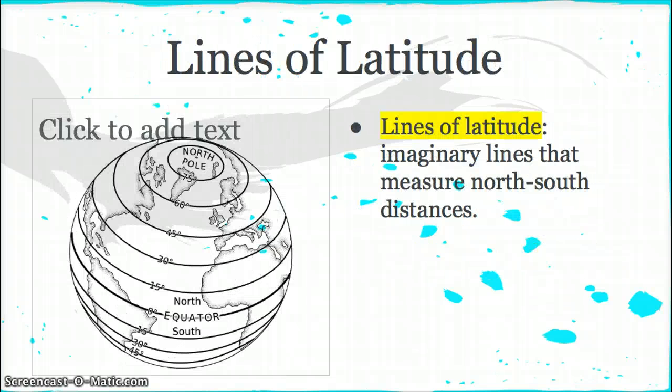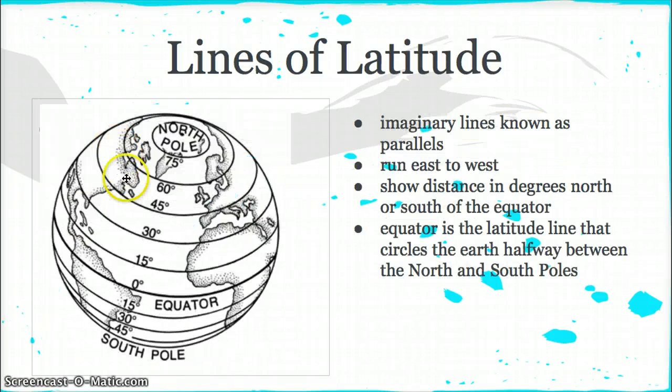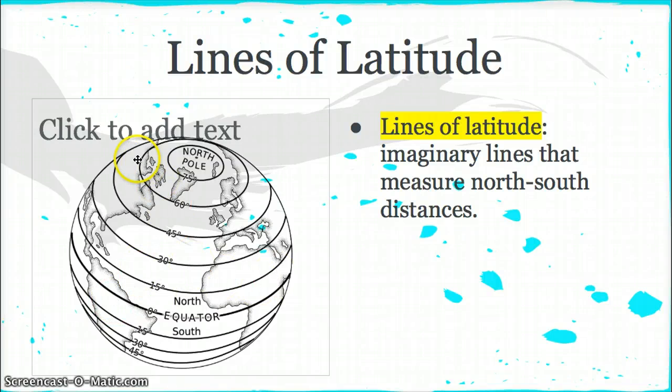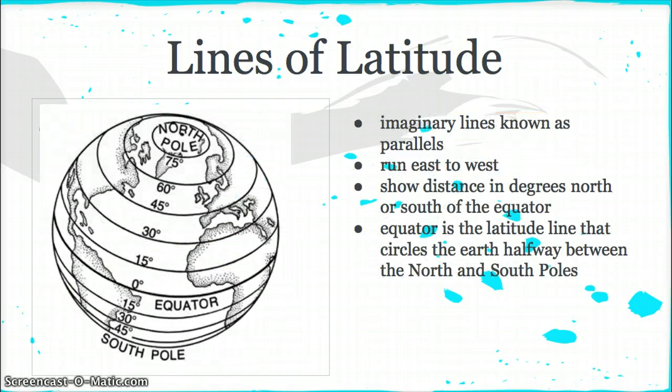Lines of latitude, imaginary lines that measure north and south distances. And you can see here the lines of latitude. Lines of latitude are imaginary lines known as parallels, because parallel lines never intersect.